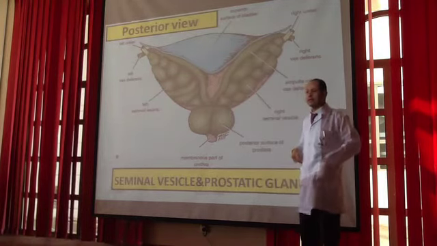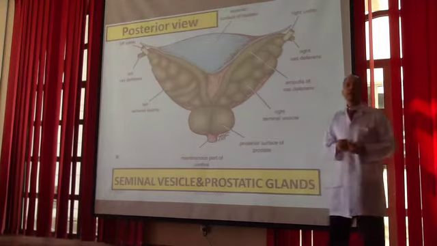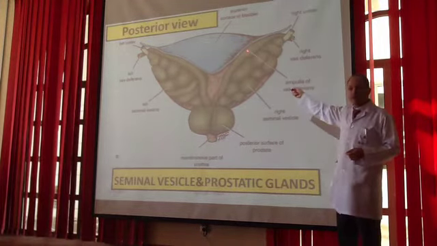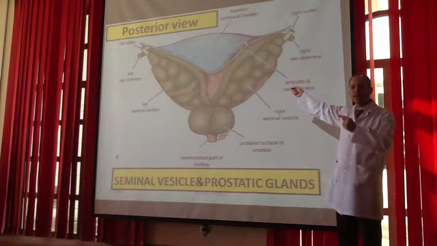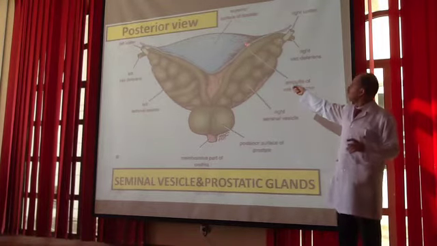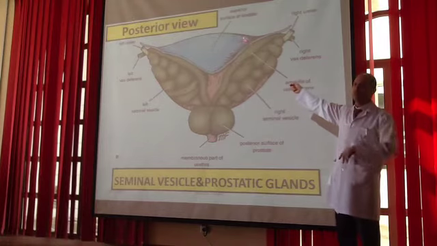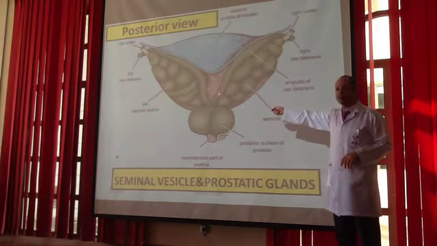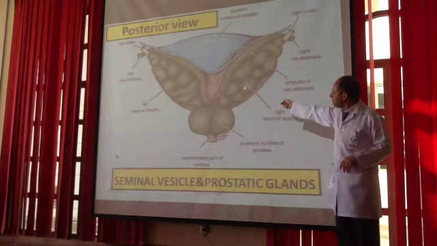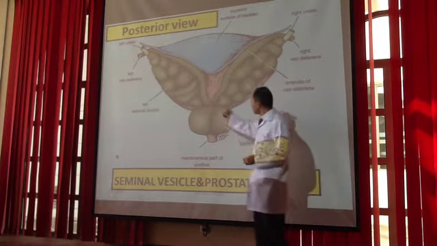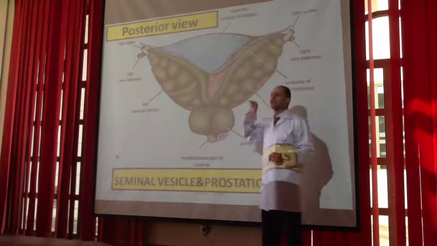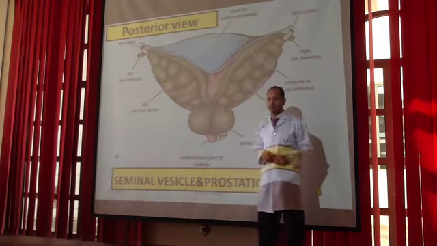As we see, the vas deferens becomes wider at the base of the urinary bladder. What is the name of this area? Ampulla, for the storage of mature sperms. The lower end of the ampulla of the vas unites with the seminal vesicle to form the ejaculatory duct on either side, running within the prostatic gland.